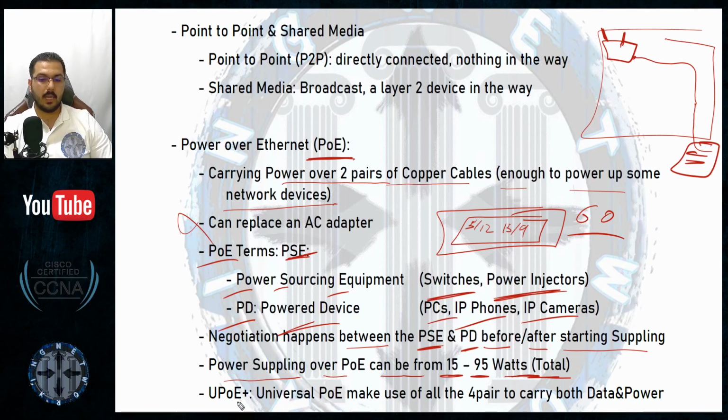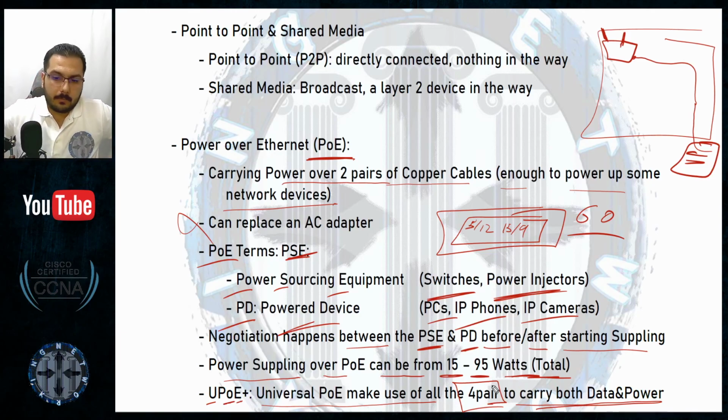This is the idea. The Universal Power over Ethernet Plus makes use of all 4 pairs to interchangeably carry data and power. This is a technology supported on some limited Cisco devices. It will not decide from the beginning which pairs of copper cable wires are responsible for data and which other pairs are responsible for electricity.